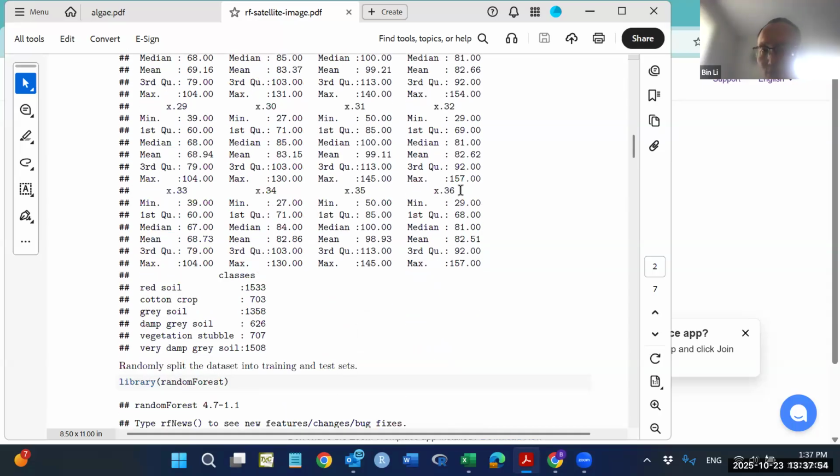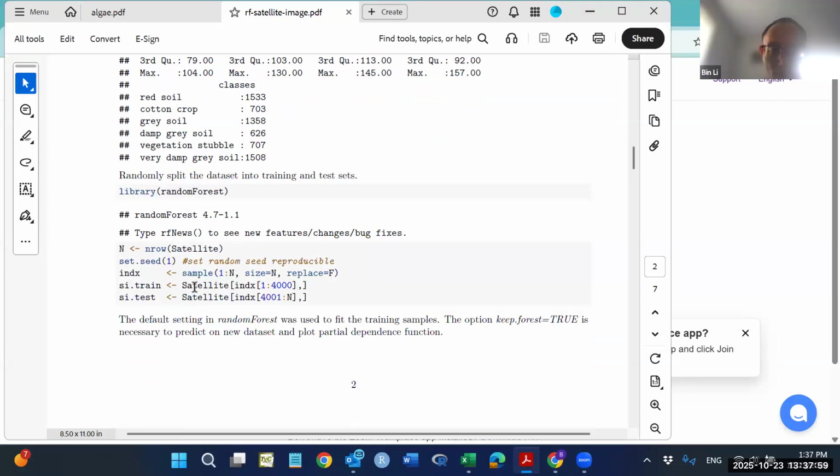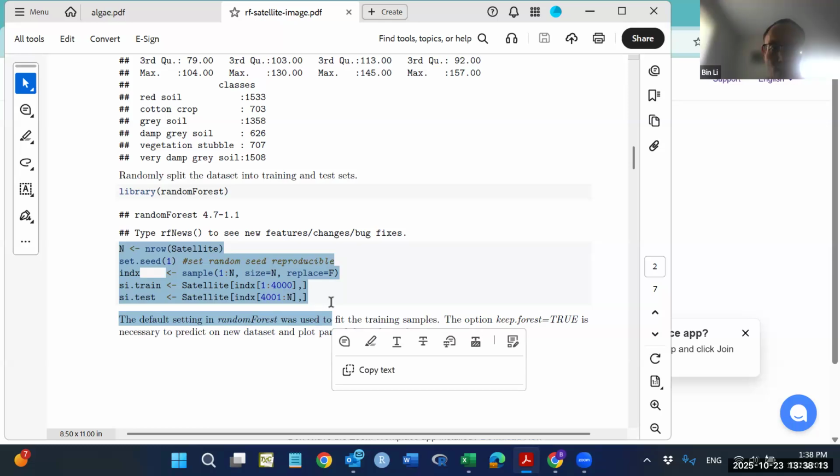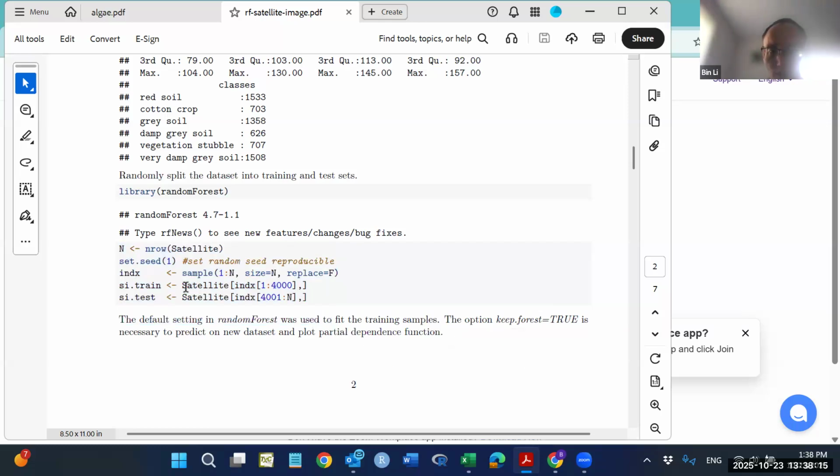There are 36 predictors, and the last column is the response. Here, I first randomly split the data into training and test. I randomly selected 4,000 rows as the training set and the rest as the test set.